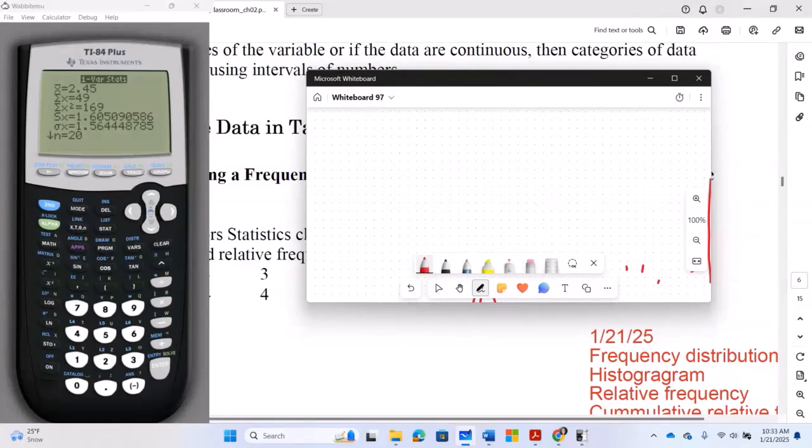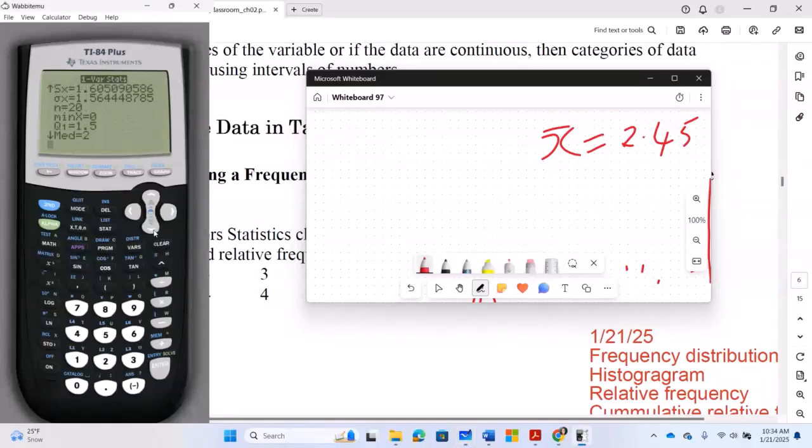I'm not told whether this data is population or sample, so I'm going to assume it's sample. I only need the mean and the median, so I'm going to arrow down and look for the median. Second quartile is the median. Q2, second quartile, is 2.